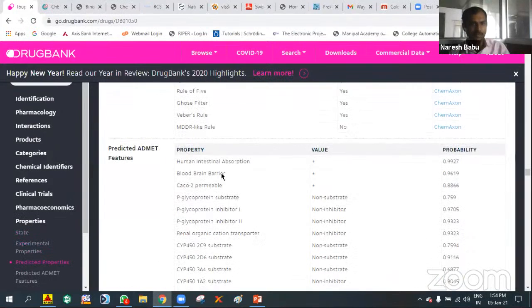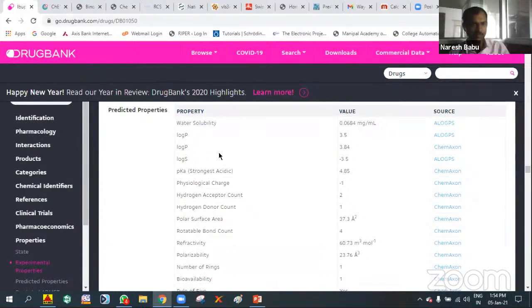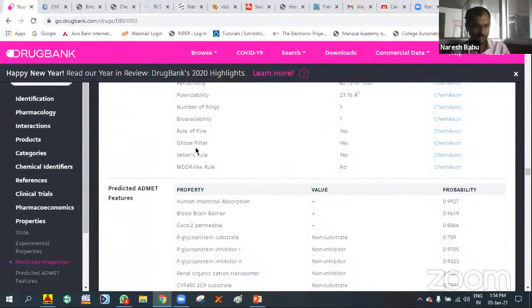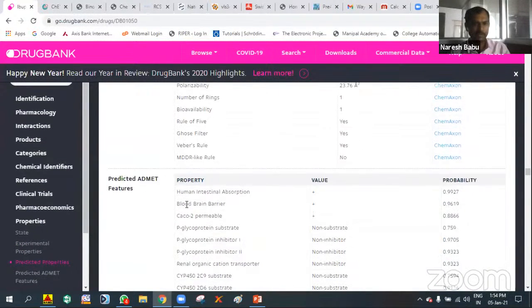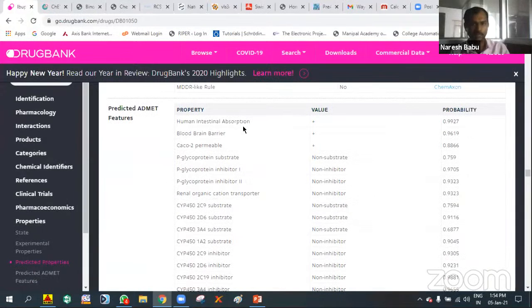These predicted properties like water solubility, as we saw the experimental, the predicted properties we can also observe given in this DrugBank related to your compound, and predicted ADMET features, that is human intestinal absorption.